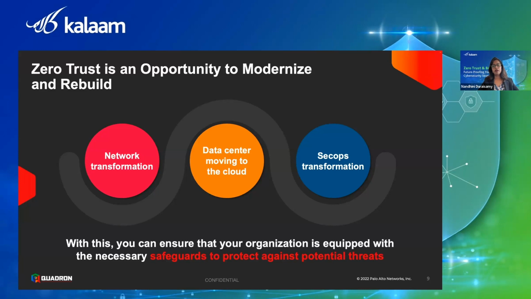When we talk about SecOps, I would rather say it's an enhancement than a transformation. Zero trust emphasizes continuous monitoring and analytics to detect anomalies and potential threats in real time. So security teams can proactively respond to security incidents, reducing response times and minimizing damage.